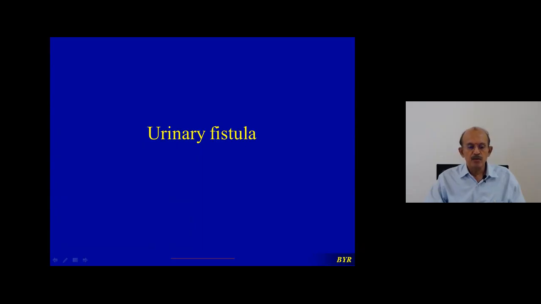So, urinary fistula means a tract connecting the urinary organs with other epithelialized surfaces.